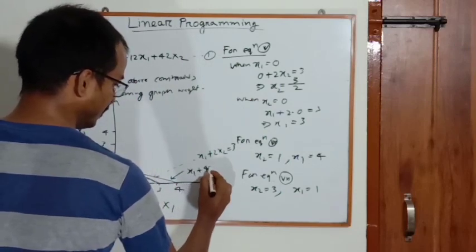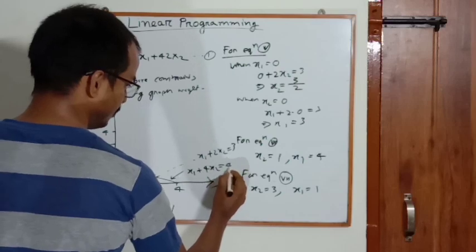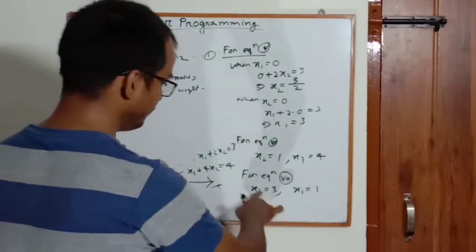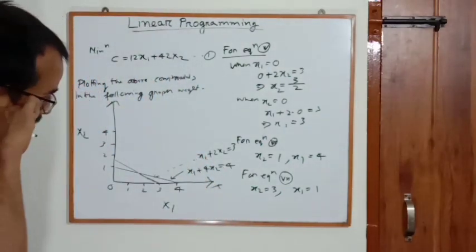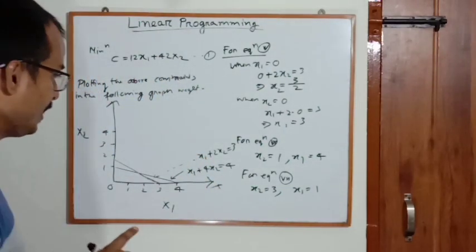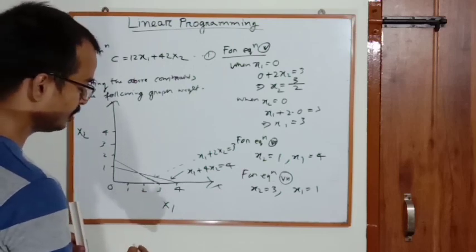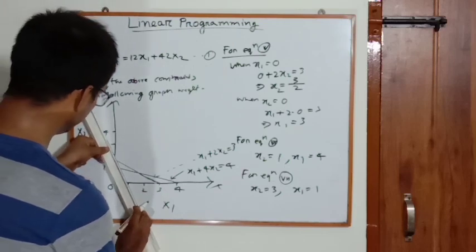And one constraint remains, this one, where x1 is 1 and x2 is 3. 1, 3.